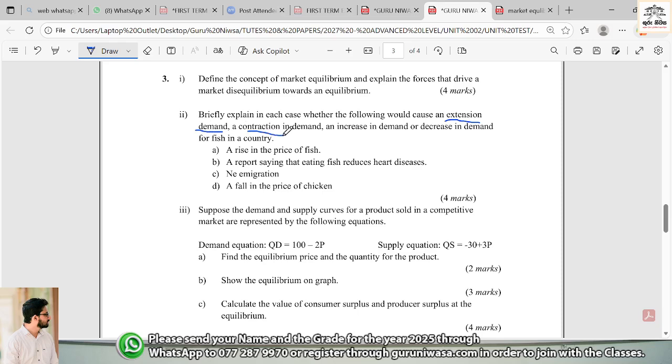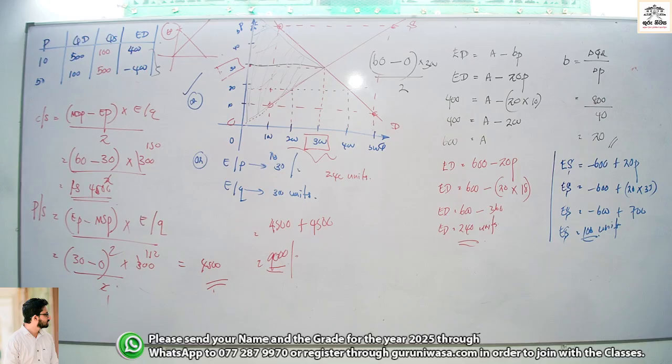Contraction in demand means decrease in quantity demanded. Both of them are caused by changing the price of the product itself. The theory point behind this question is change in demand and change in quantity demanded.